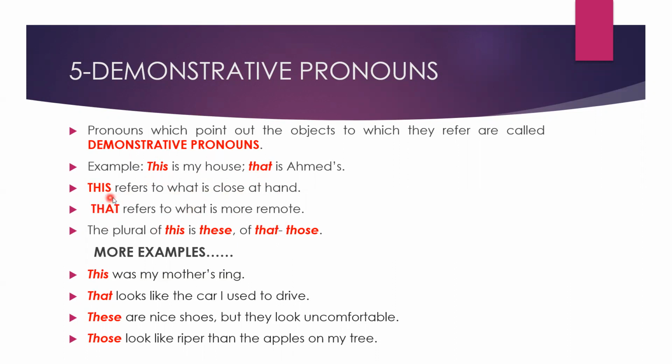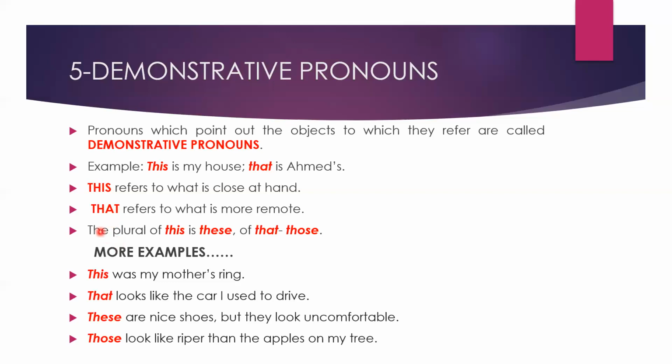This means anything which is near to you, and that means the thing which is far away, which you cannot take in your hand or touch, but only point out, like that is my bag. But a thing which is very near, like this is my book.